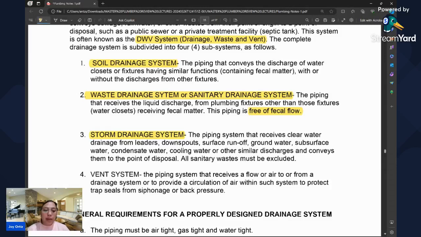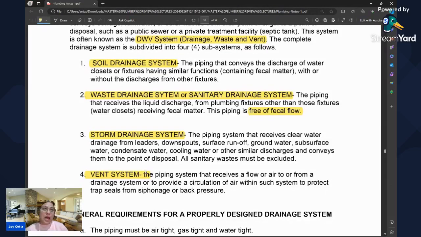When we say vent system, this number four subsystem of the drainage system is the vent system. It's the piping system that receives a flow of air.